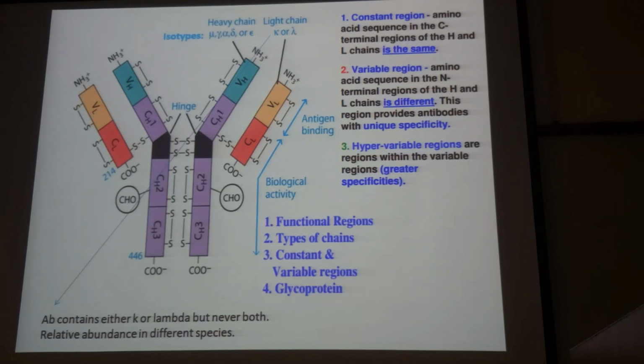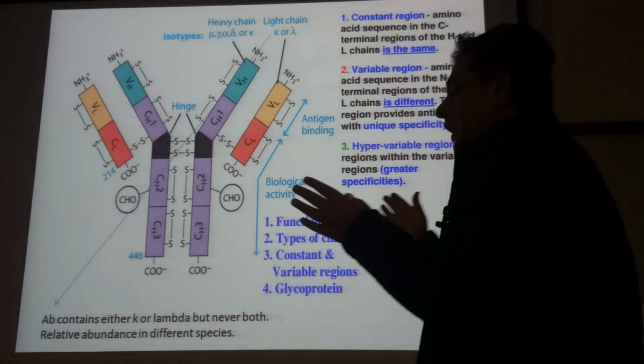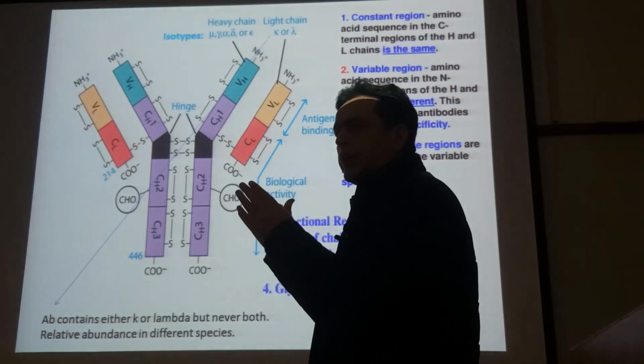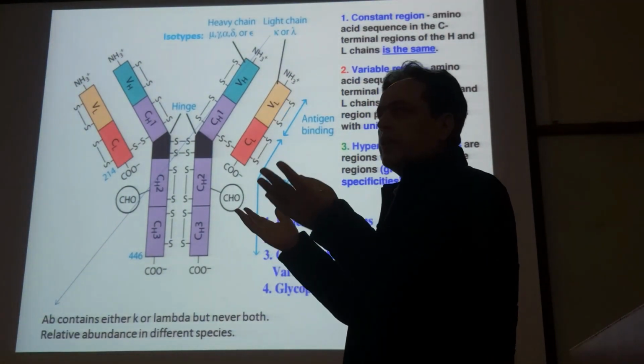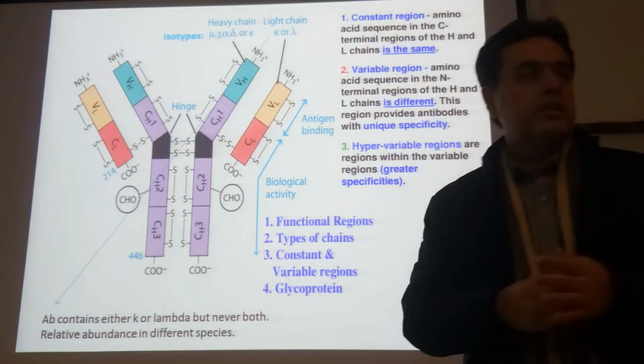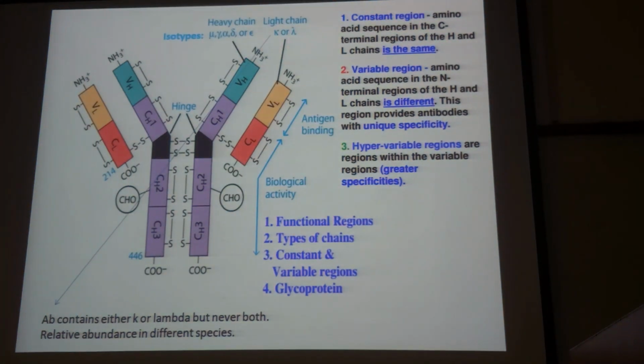So this is a broader region, the variable region, and then there is a specific region which is known as the hypervariable, where the variation is actually found, and that region is actually the antigen binding region. Okay, what do you see here?